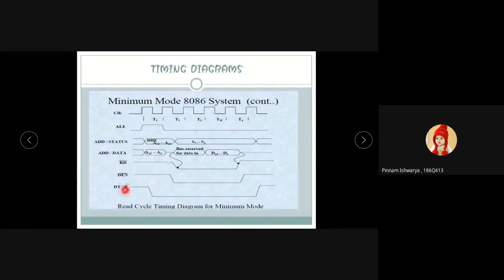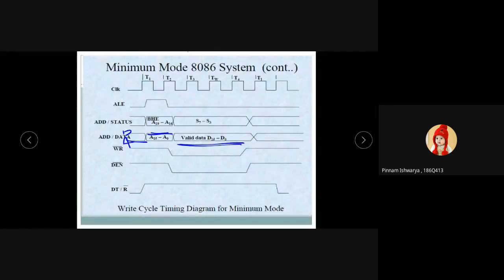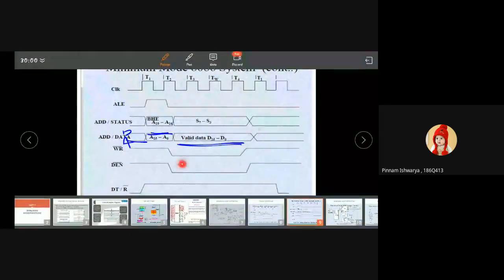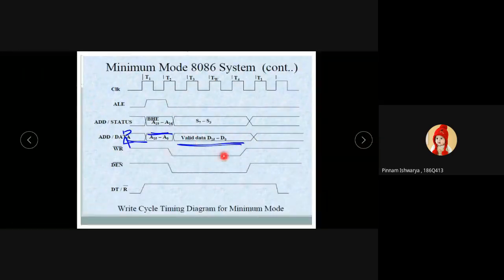The write operation will be performed after T2, since there is no availability of data up to T2. This is how the write operation will be valid, and it will be finished at T4.